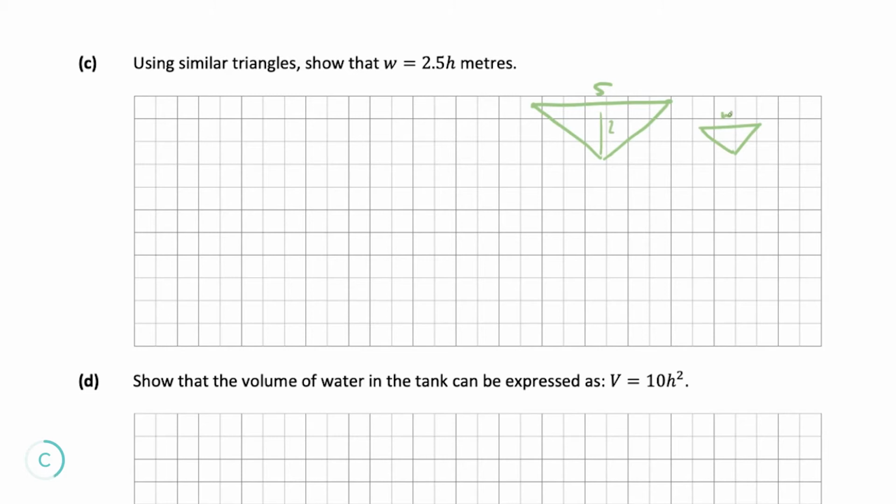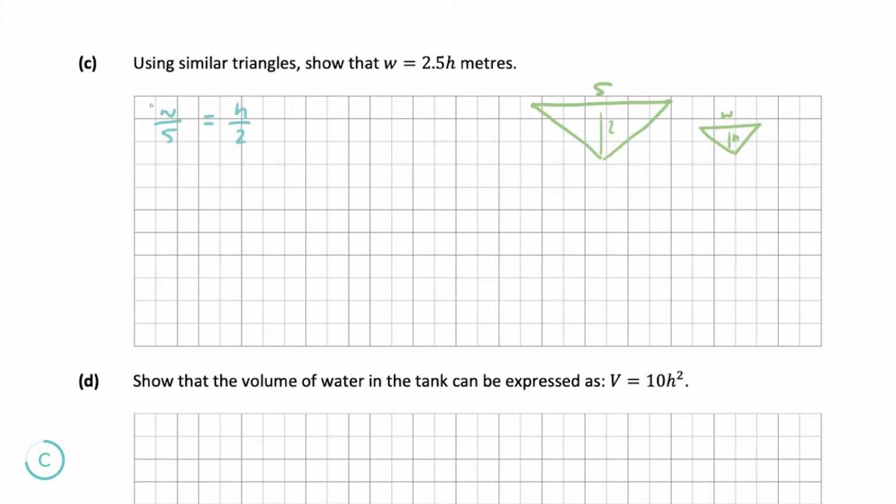On the smaller one, this is W and this is H. In similar triangles, the ratio of all the measurements will be the same. So W divided by 5 is equal to H over 2.